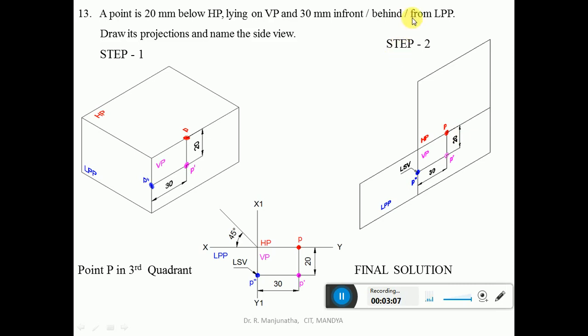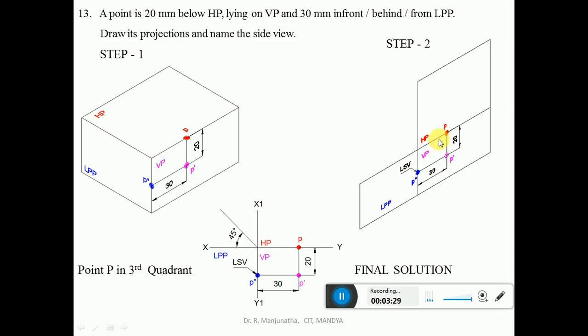When you look from the profile view, the distances of both the front view and the top view are seen. So you draw a horizontal projector from here directly onto the profile view. You get this distance here, and where you have the front view, on that line you get the side view. Since the point is lying on VP, this point will be on HP.